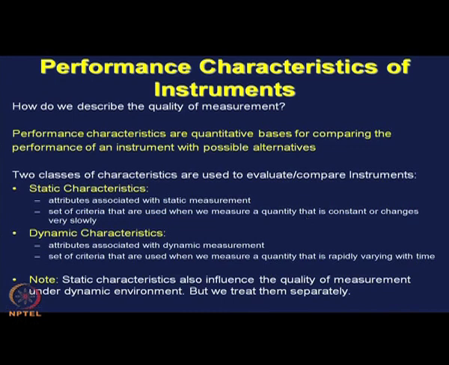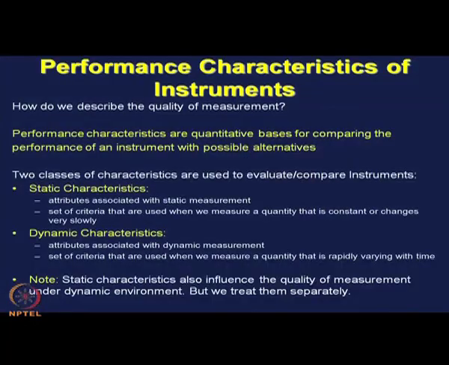So, static characteristics are those which we must consider when we want to analyze the performance of an instrument that is measuring a medium which is constant or varying very slowly with time. So, you are essentially talking about static medium or steady state situations.